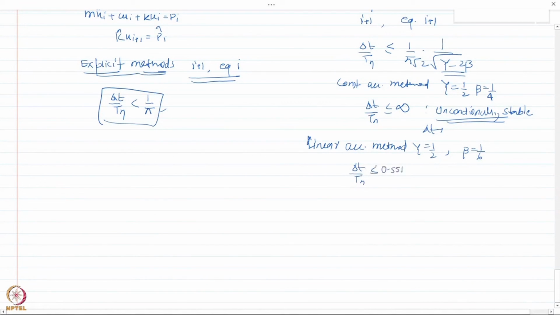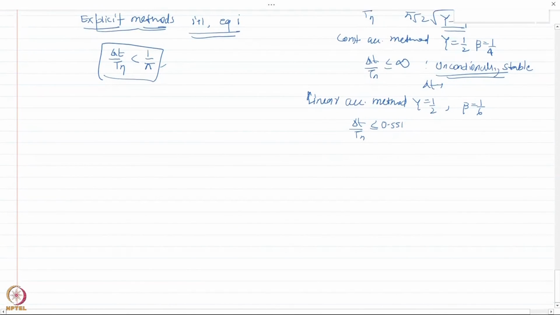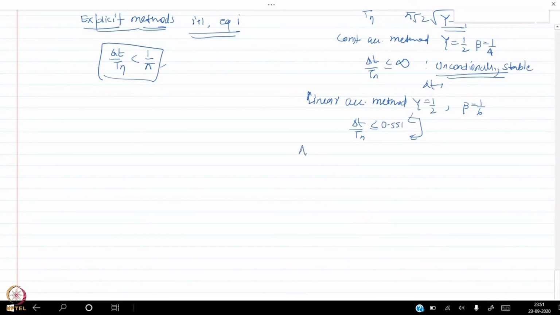This must be satisfied for the response to be stable, and for most systems actually this is not an issue. This is satisfied for civil engineering structures for most of the cases anyway, considering typical values of properties of the structures. The issue here is accuracy.